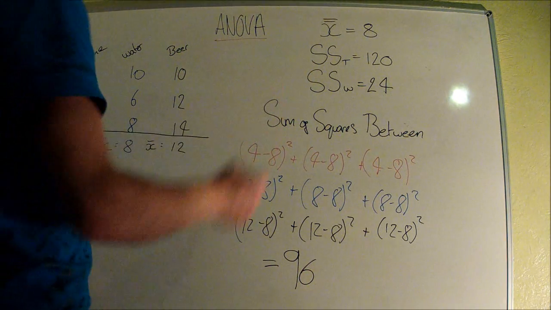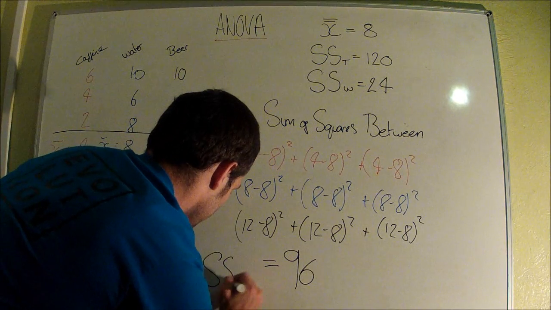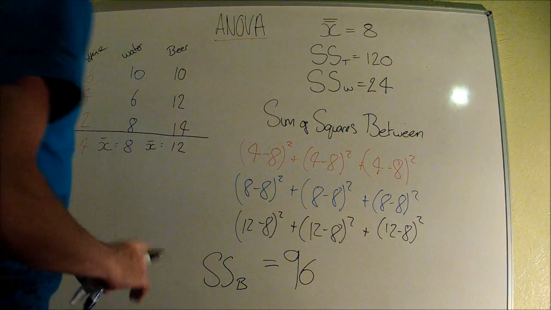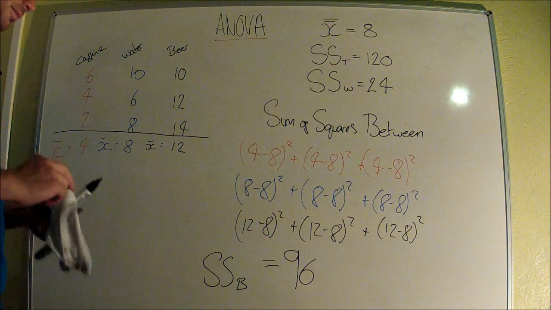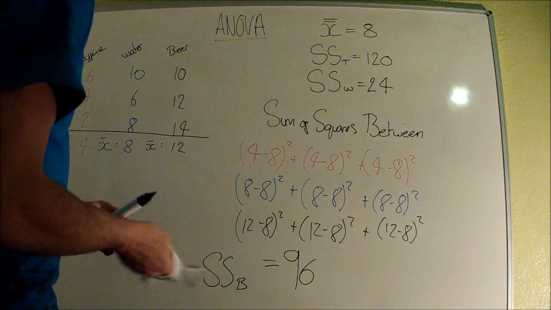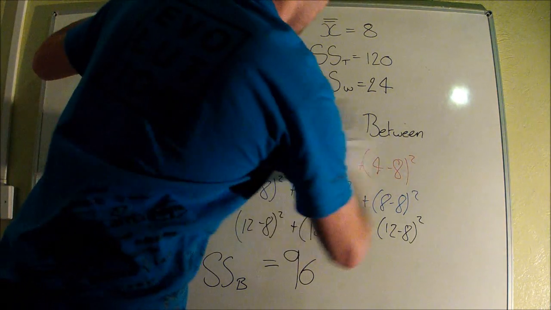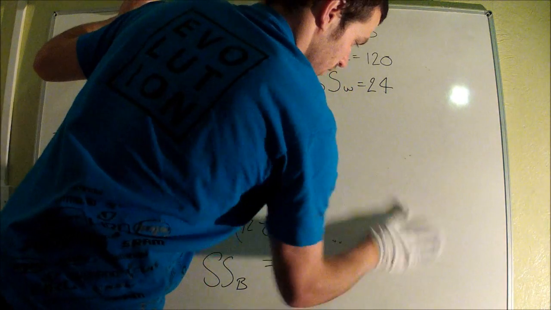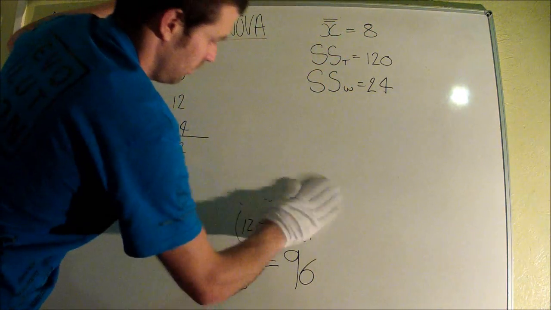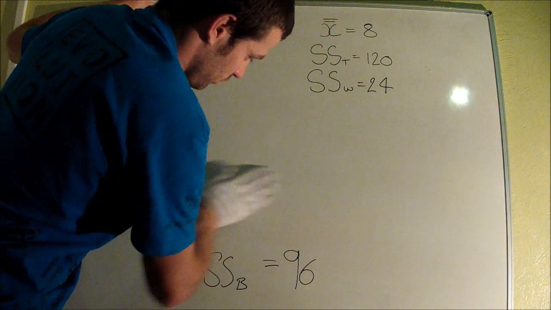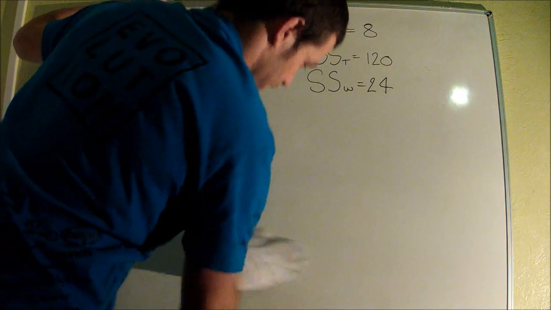So our sum of squares between, or SSB, equals 96. Now, if we just get rid of these guys here, you actually don't have to work all of that out by hand.